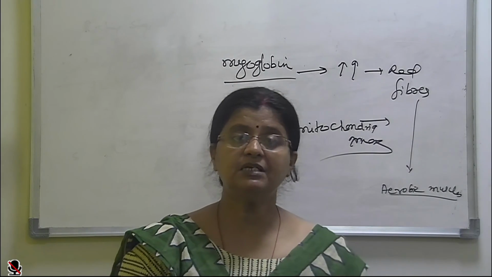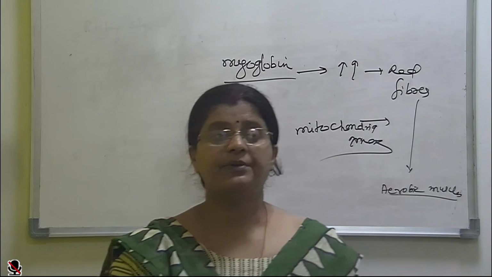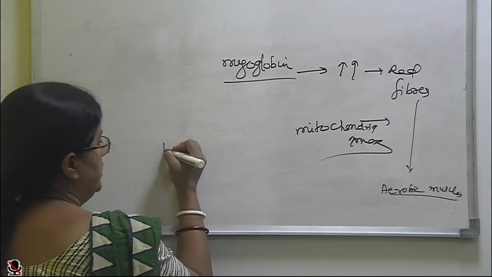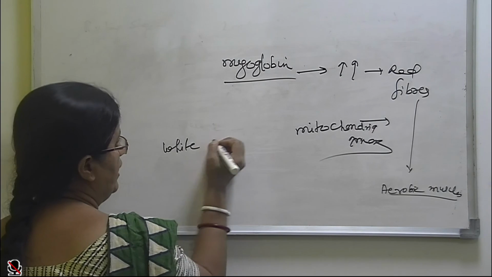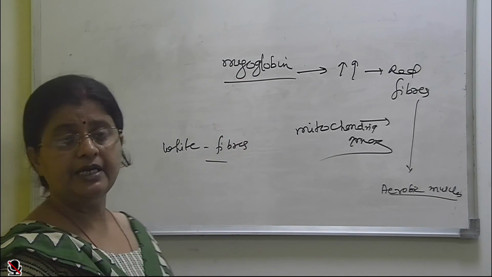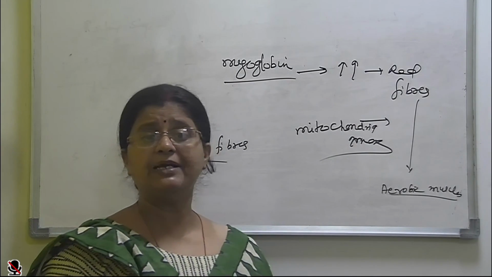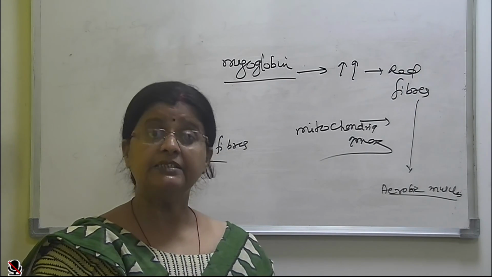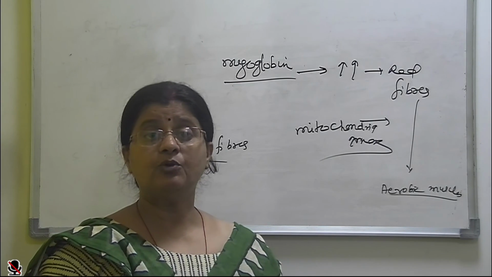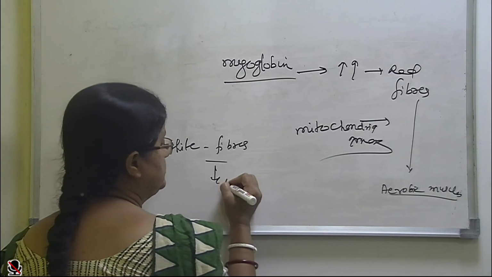Now, the muscles with less myoglobin and less mitochondria are pale in color and are called white fibers, right? These white fibers have less myoglobin and mitochondria, but they have more sarcoplasmic reticulum.